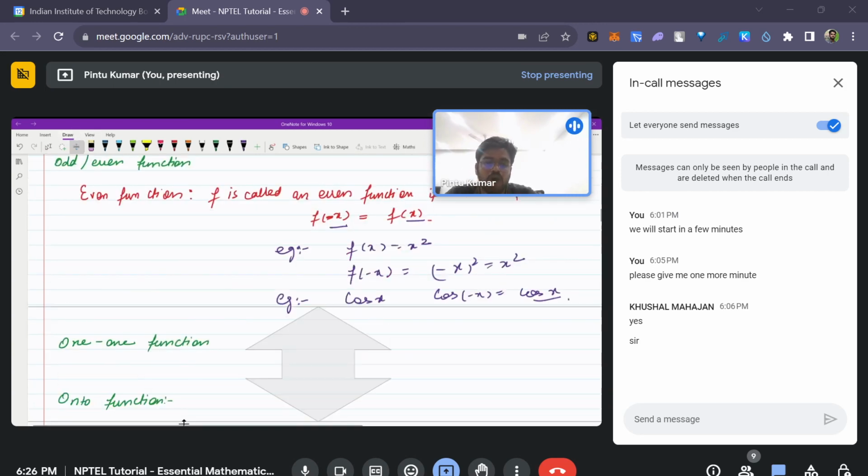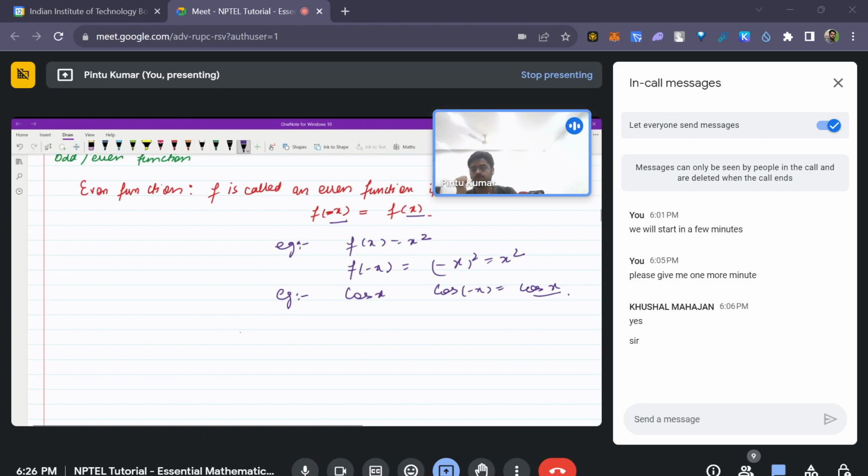Now the opposite of an even function is something that is called an odd function. So what is an odd function? f is called an odd function if f of minus x is equal to minus of f of x.